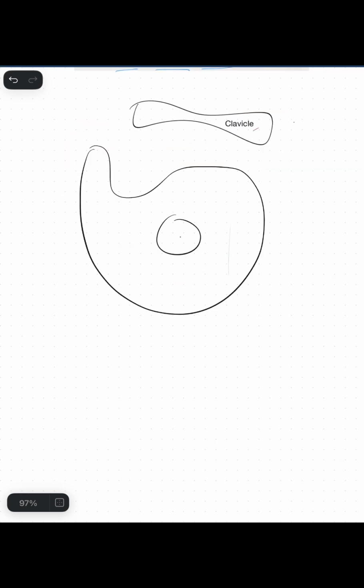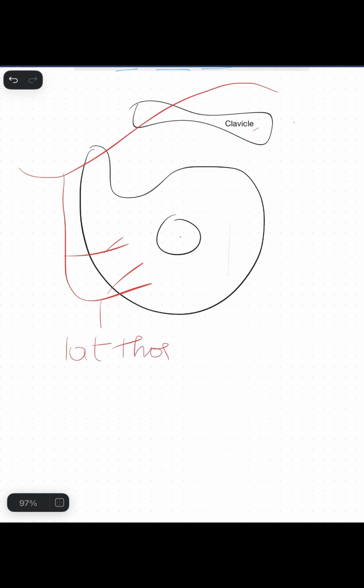We see here the axillary artery runs like this, and its branches supply the breast. This branch is the lateral thoracic artery. Here we get another branch, which we call the thoracoacromial artery.